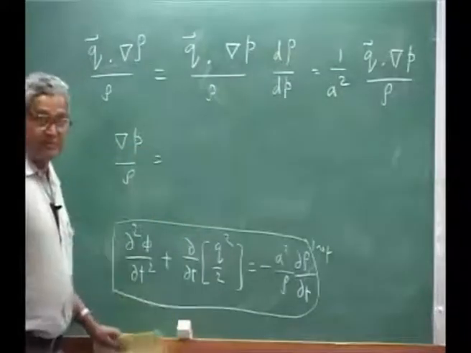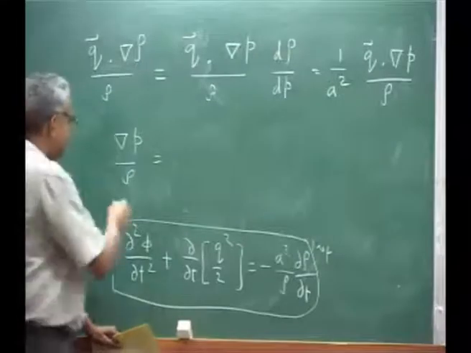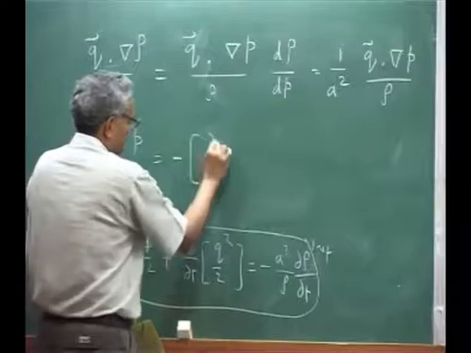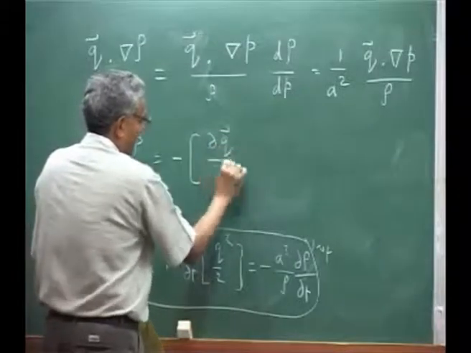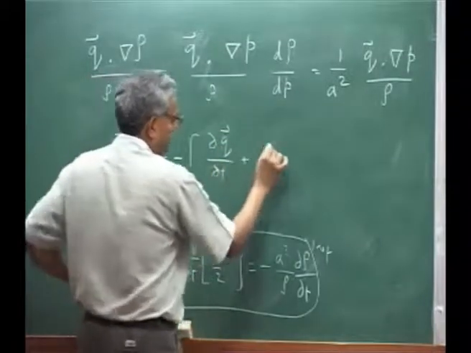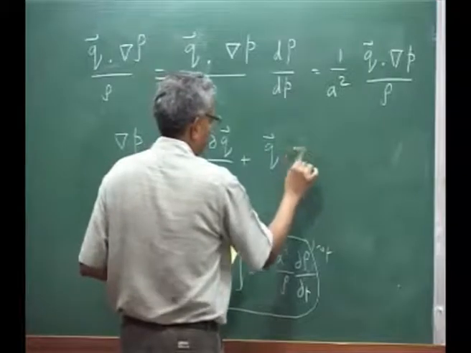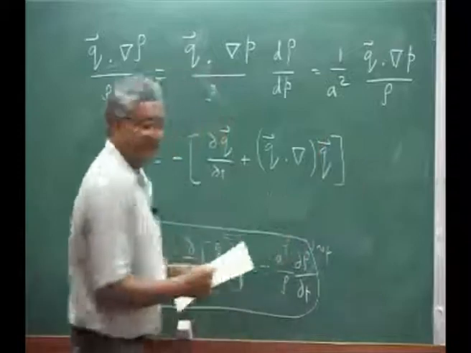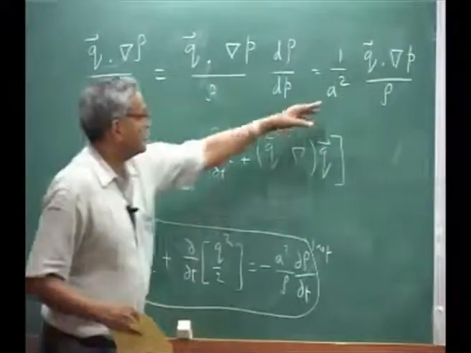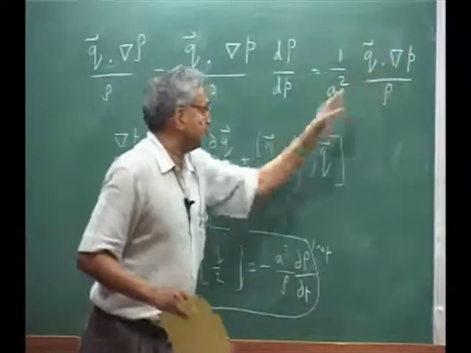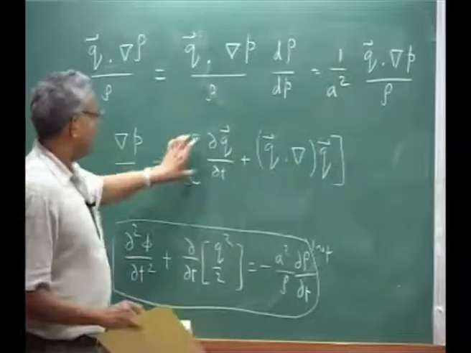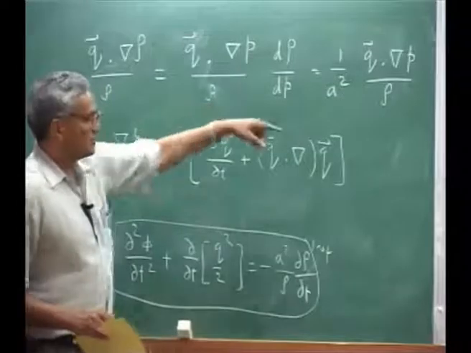This is from the momentum equation. You will have minus, plus q dot, right? So I can directly substitute here q dot del p over rho is this term. But of course 1 over a square is there.